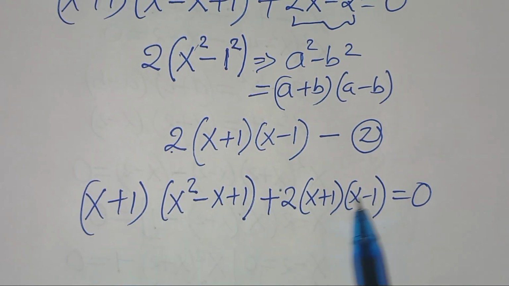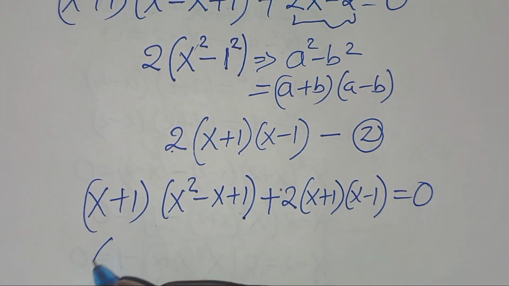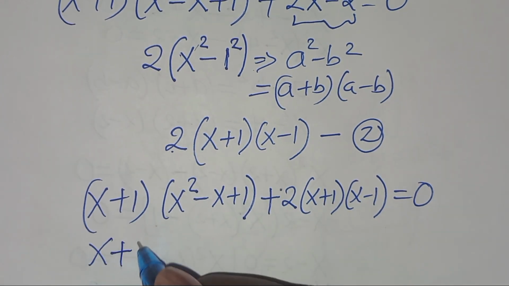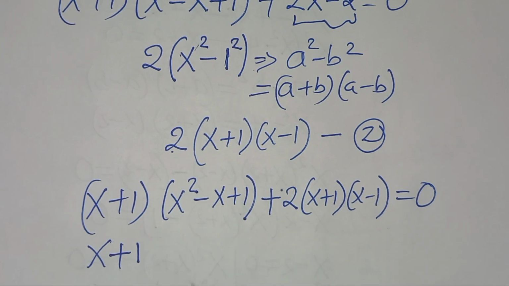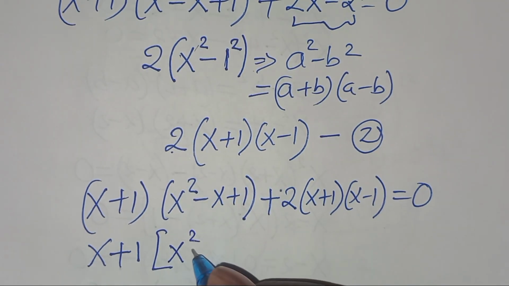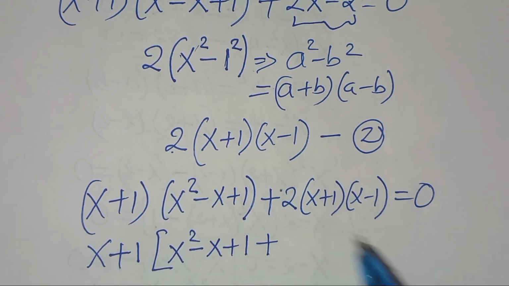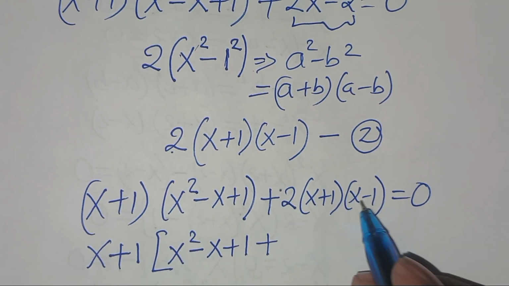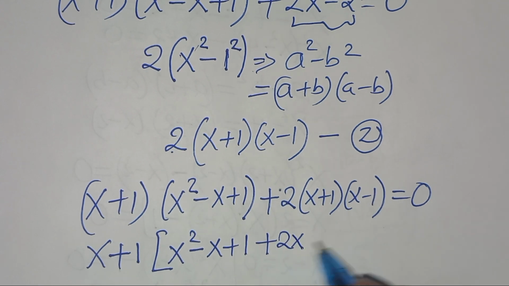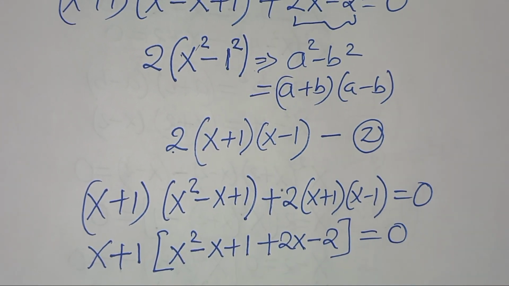So now from what we have here, x plus 1 is common. So we factor out x plus 1. So that we'll have here x squared, subtract x plus 1, then plus, now here we have 2 times x, which is 2x, subtract 2, close the bracket, this is equal to 0.